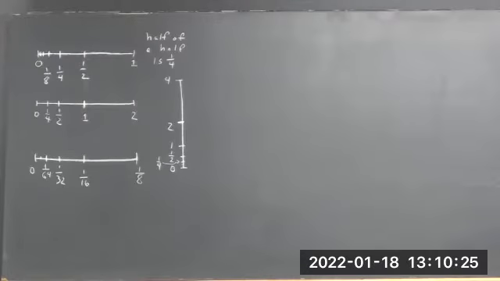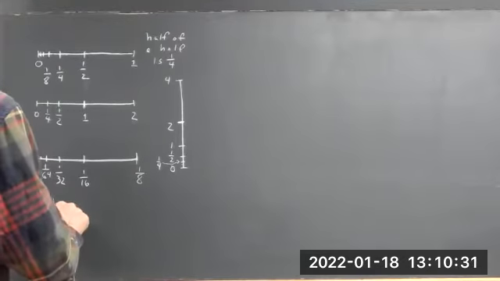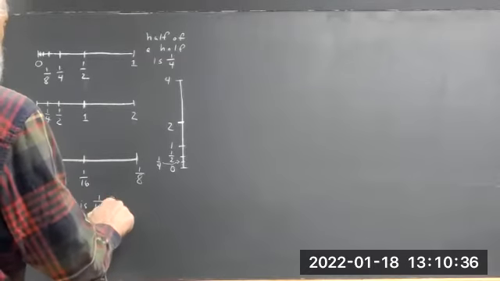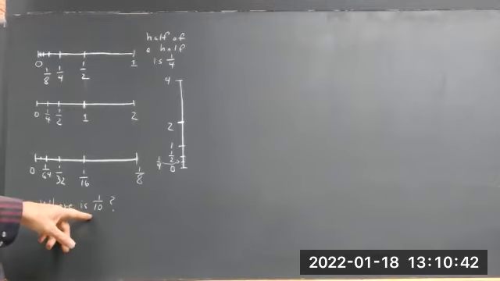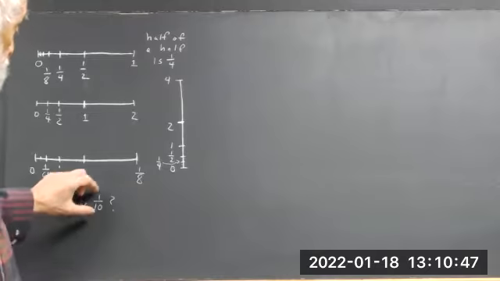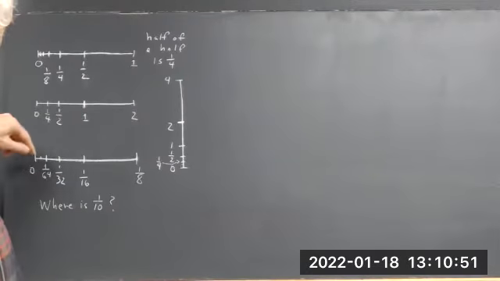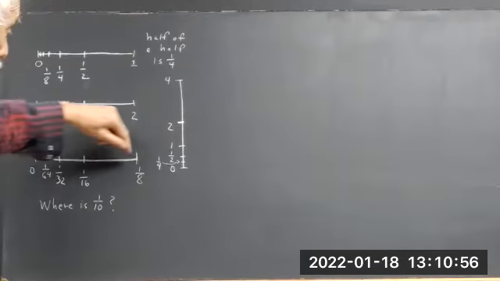Okay, now let's ask another question. Where on this scale is 1/10? Well, I kind of expect 1/10 to be a little less than 1/8, because for 1/10, you need 10 of these to make 1. You only need 8 of the 1/8 to make 1. Now let's go ahead and put 1/10 on the scale of this graph.